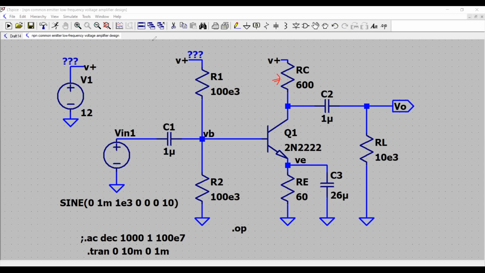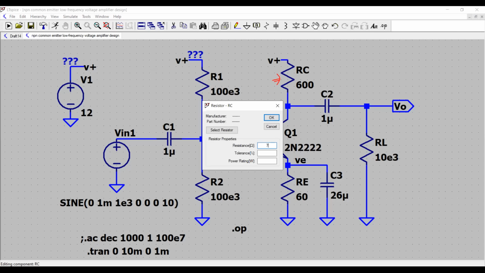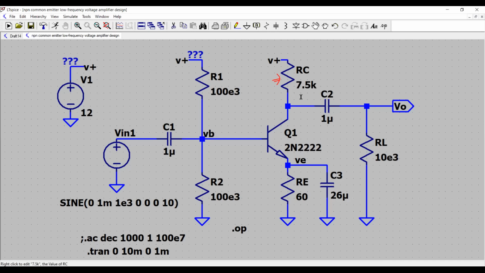I will right click this component and set the value of the resistor right there. Just right click and write 7.5K. That's it.